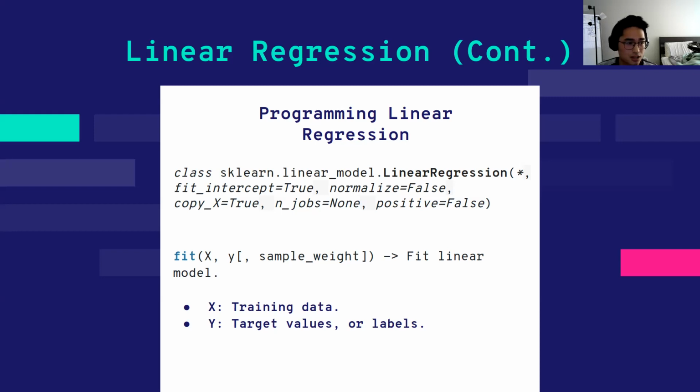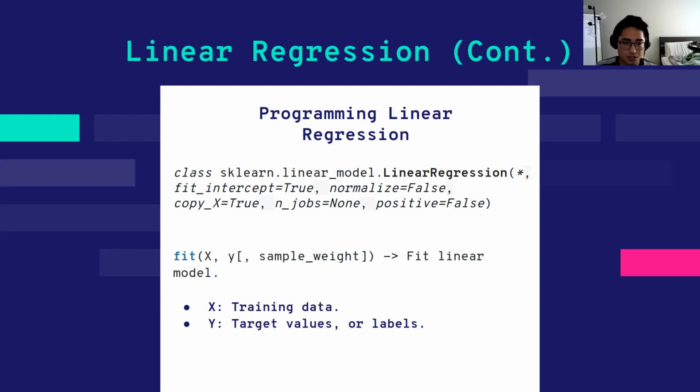The only things we need to consider are the fit intercept and the normalization. Pretty much all these values are the default values. So when you initialize your linear regression model, you just define a variable equal to LinearRegression, and that's pretty much it. You don't have to put any arguments. It's hard to visualize right now, but we'll show you how it works when we show you the code.